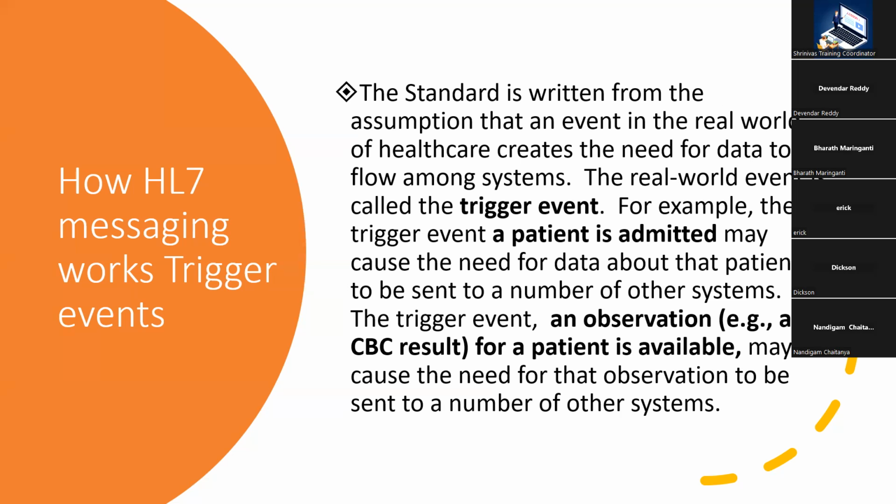And if that event is demanding the data to be sent from one system to another, such an event is called a trigger event. Good examples are a patient getting registered, a doctor placing a lab order in the application. Okay, so these kinds of things are called trigger events.